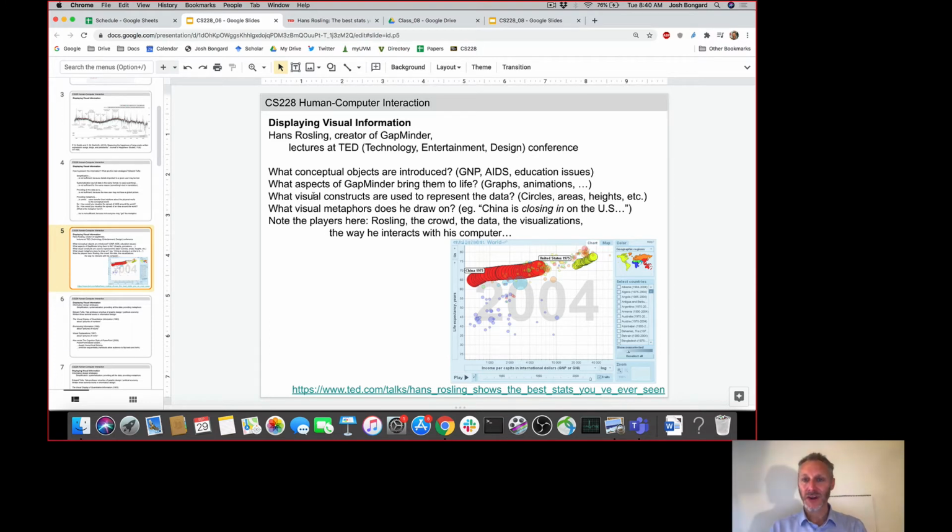And in each of those graphs and animations, he uses a number of visual constructs, circle areas, heights, movement, and so on. He brings these three things together to create visual metaphors. What has been changing in terms of health and wealth in various nation states over the last 20, 30 years? You actually hear him mention some of these metaphors in his talk.